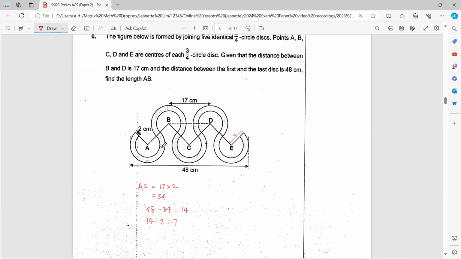I need to find the length of AB. Now, this is 7 cm. So what you need to find is this portion here. Okay, to find here is actually 7 cm minus 2 cm.